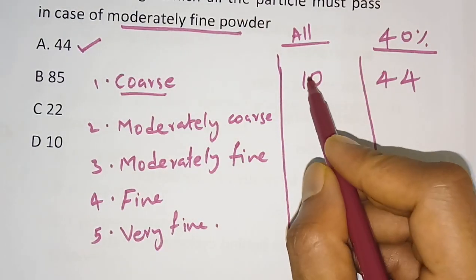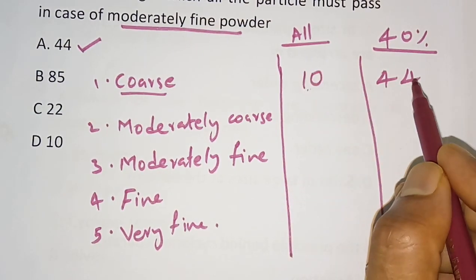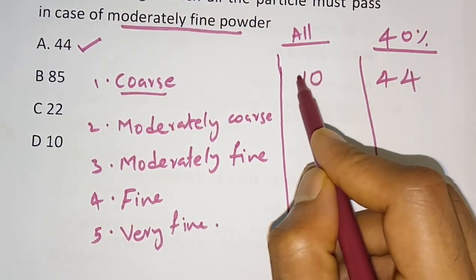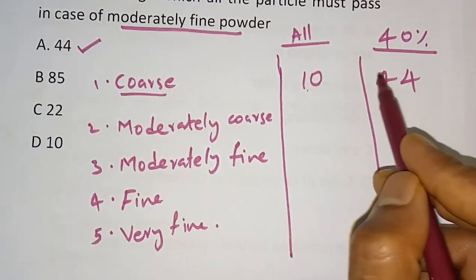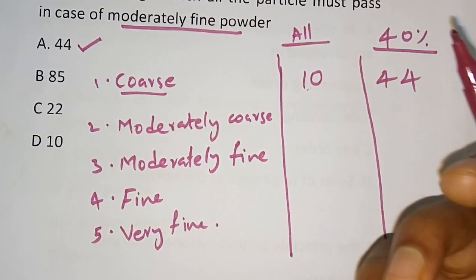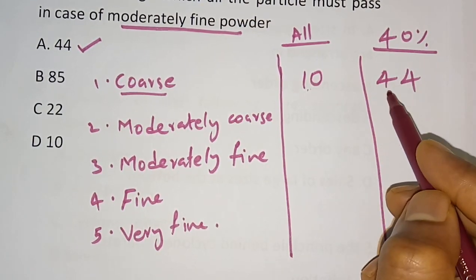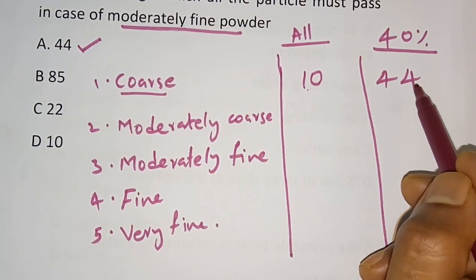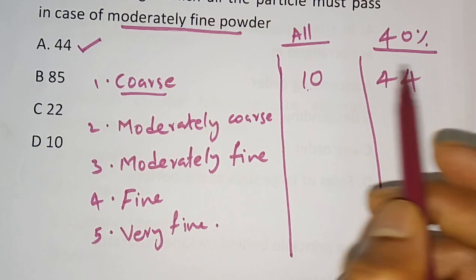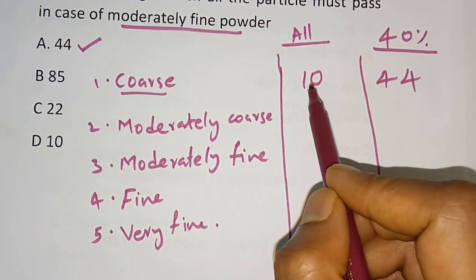Depending upon the aperture size, 10 means 10 apertures will be there within that length. 44 means 44 small holes will be there in that area. So if there are 44 holes in the same area, definitely they will be smaller. 10 means comparatively bigger size.